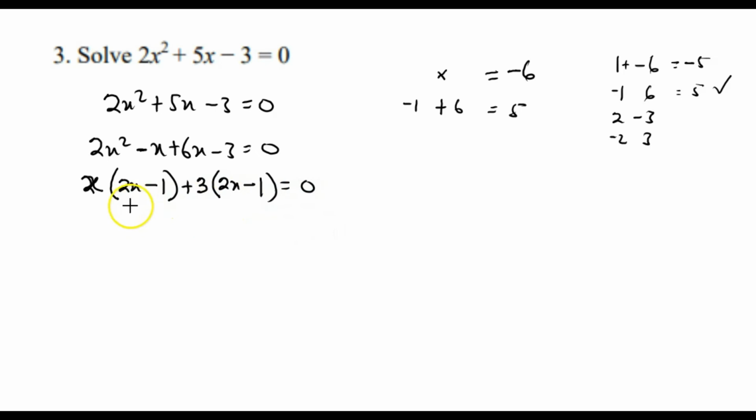So we have two terms, therefore the common factor between the two terms, we have 2x minus 1 as the common factor. Then the next factor is x plus 3, all equal to 0.